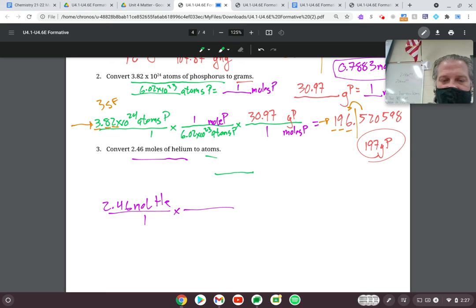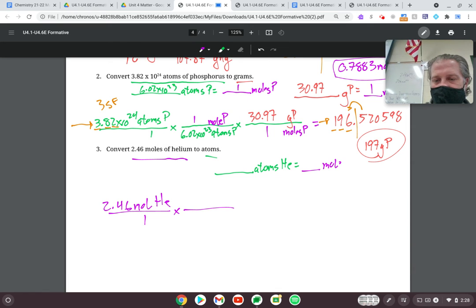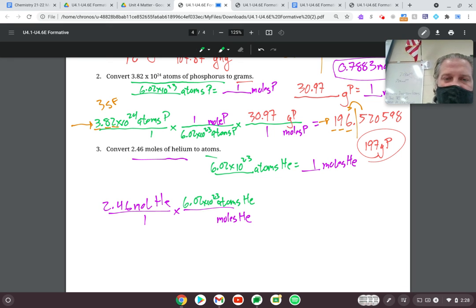So I need to remember that 1 mole of helium is equal to 6.02 times 10 to the 23rd atoms of helium. So I'm going to set this problem up so moles of helium cancels out, and atoms of helium is on the top. And I'm going to fill in my values. And then I'm going to calculate.